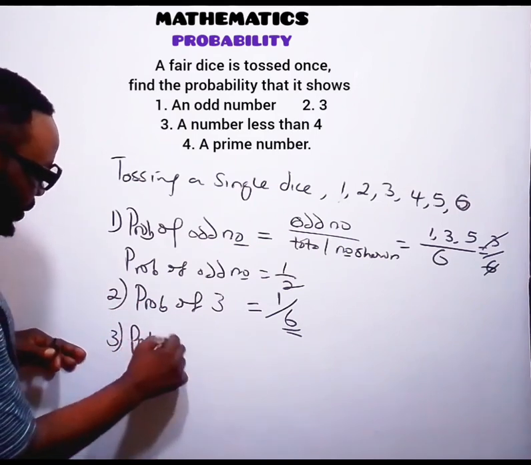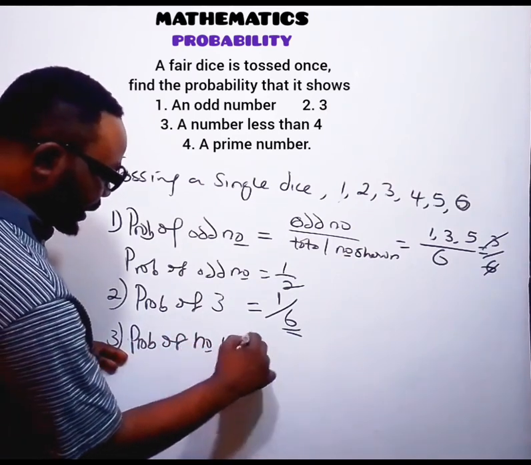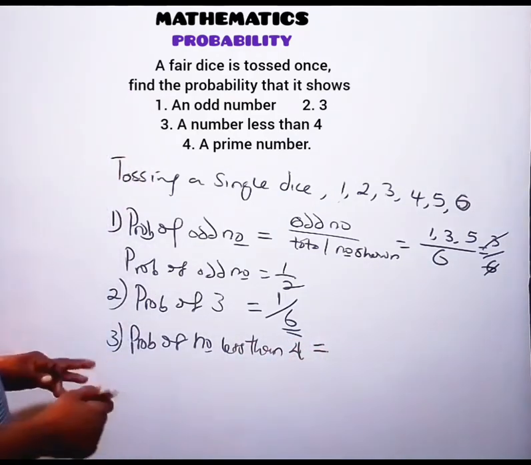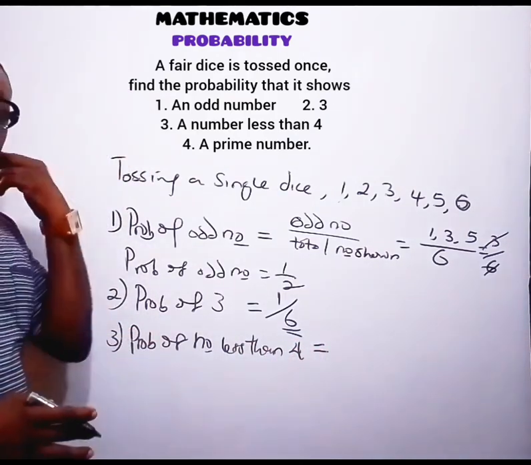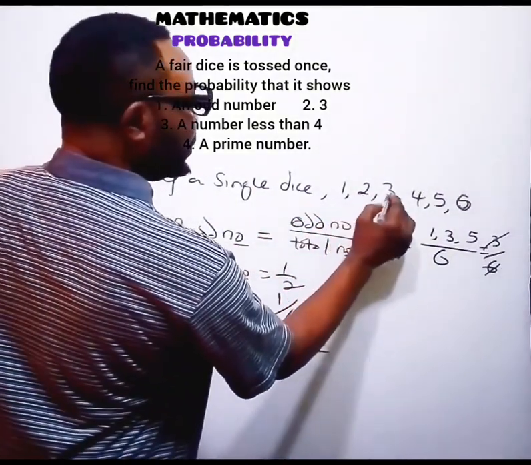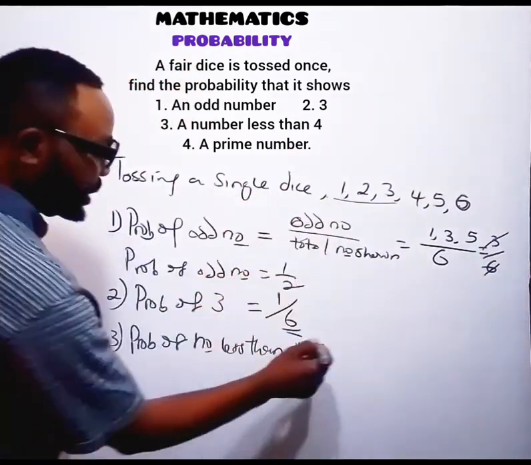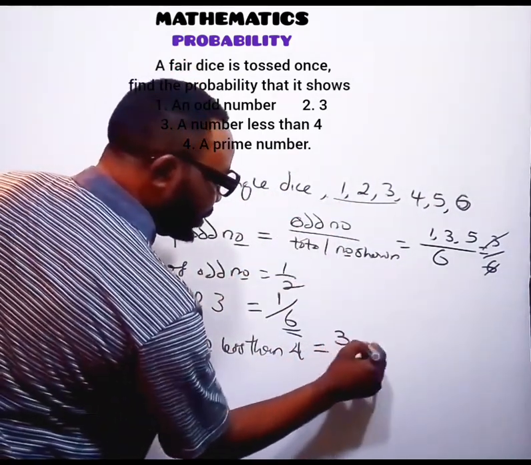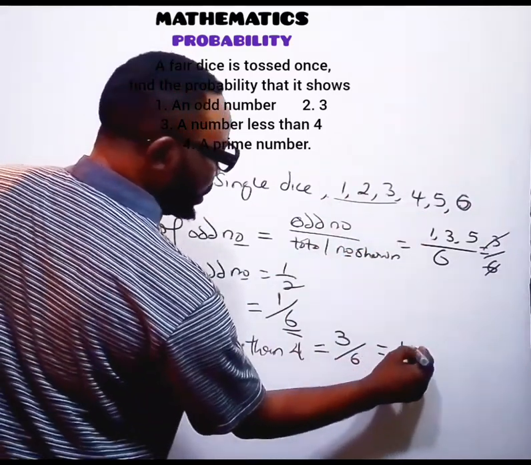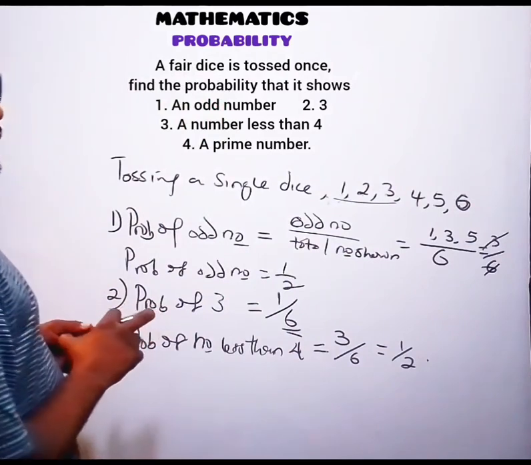The numbers less than 4 are 1, 2, 3. So that will be 3 numbers over the total of 6, which is 1 over 2 as well.